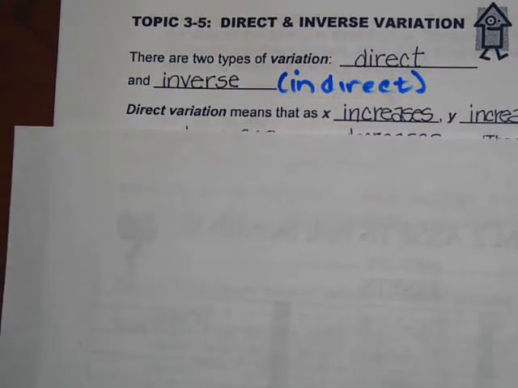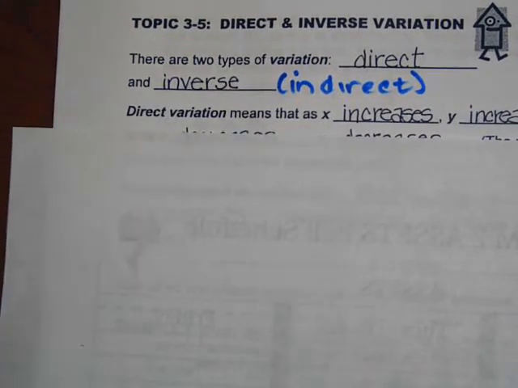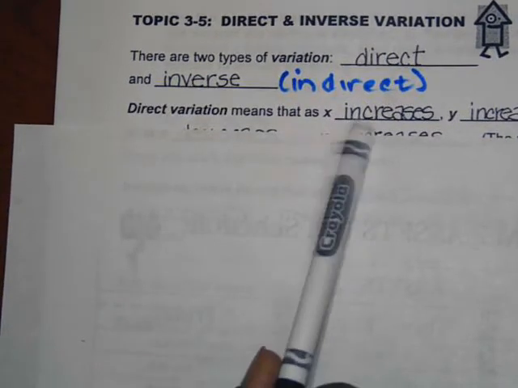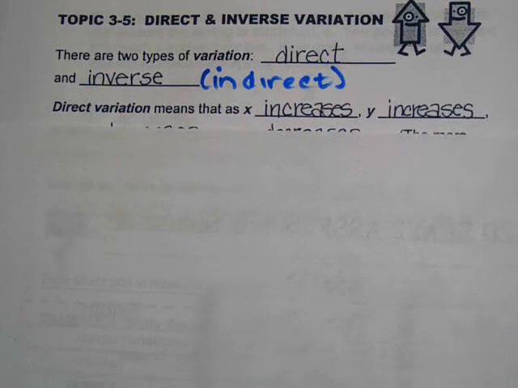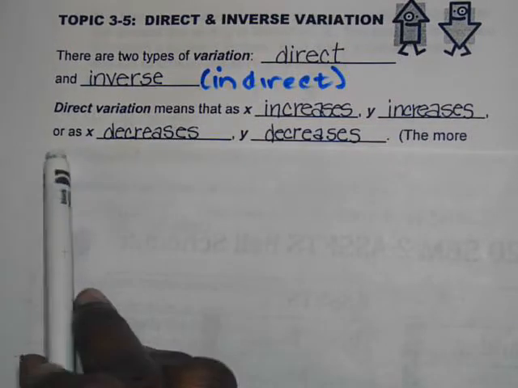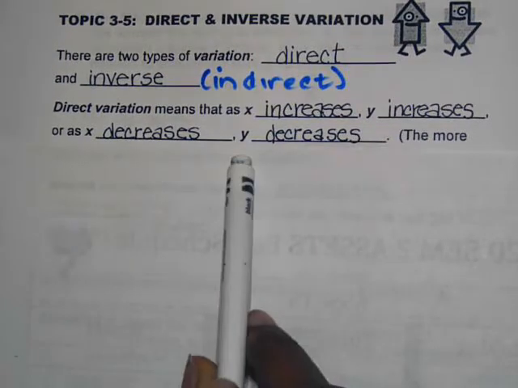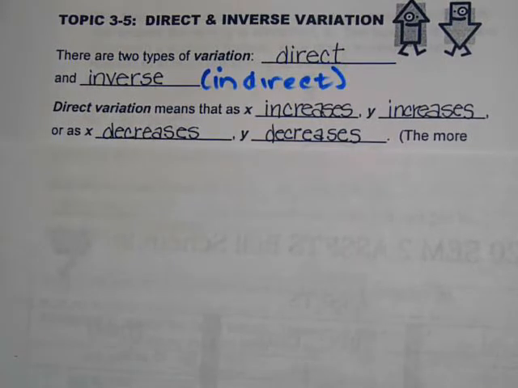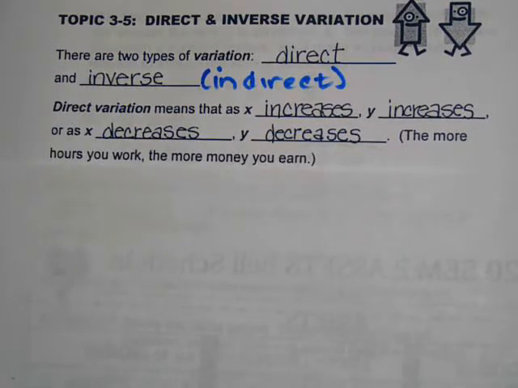Okay, so for direct variation, it means that as x increases, y also increases. Or as x decreases, y also decreases. For example, the more hours you work, the more money you earn.